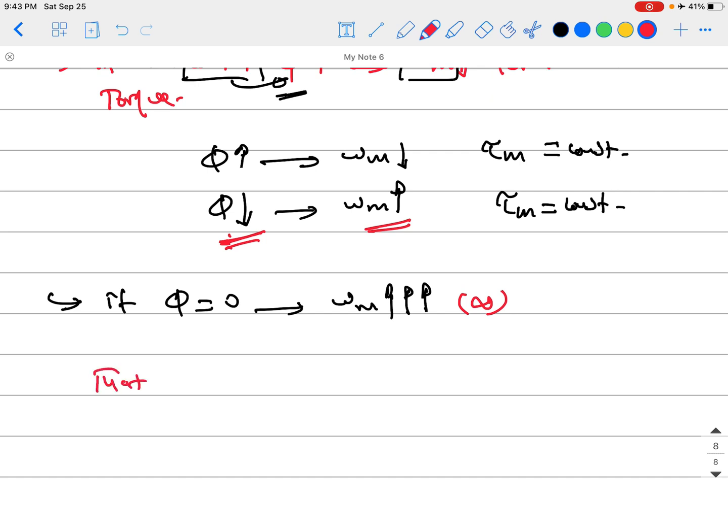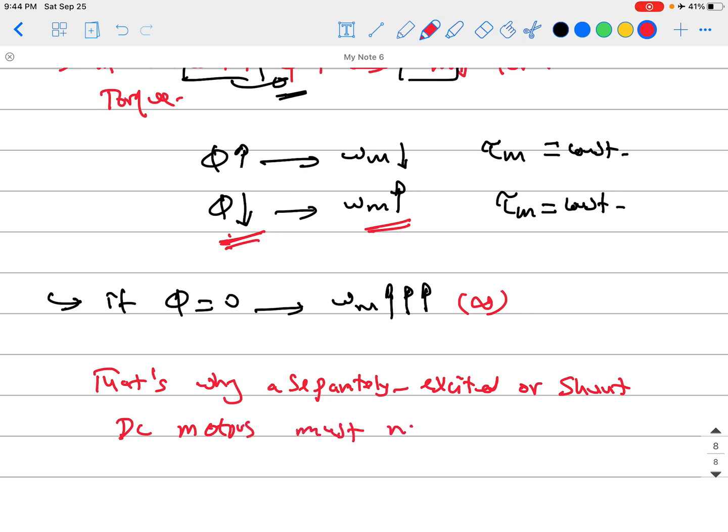That is why separately excited or shunt DC machines, or say DC motors, must not be started at 0 flux.